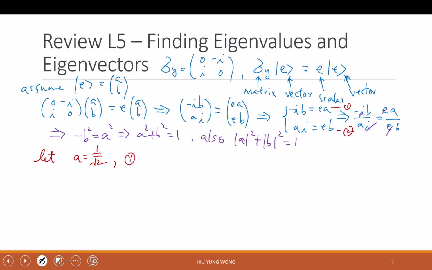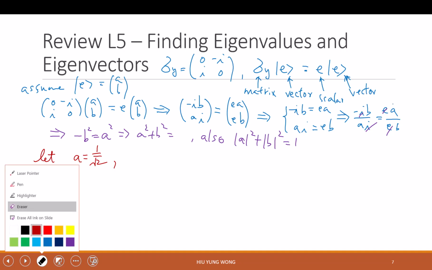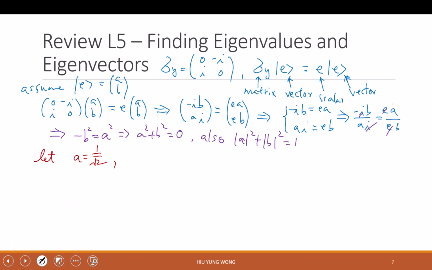Then from equation 1, what do I get for B? Negative IB equals to, I did something wrong. Yeah, thank you. That's why I messed up. Thank you so much. You saved me. So that's why I got confused.